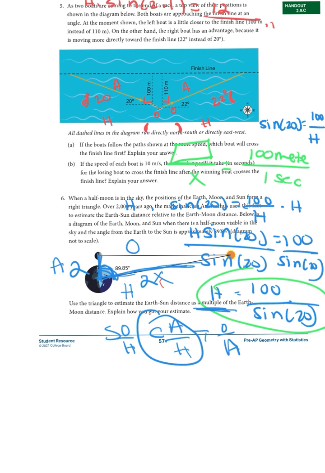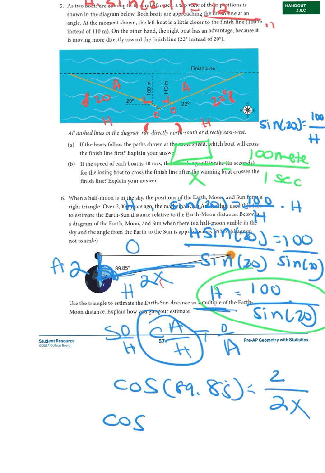So adjacent over hypotenuse. So the cosine of 89.85 is equal to 2 over 2x. And whenever I reduce that, I get 1 over x.